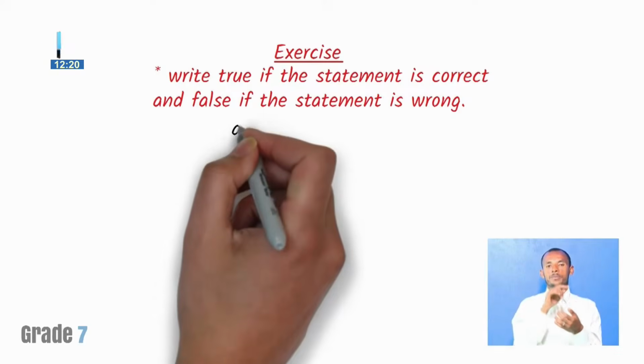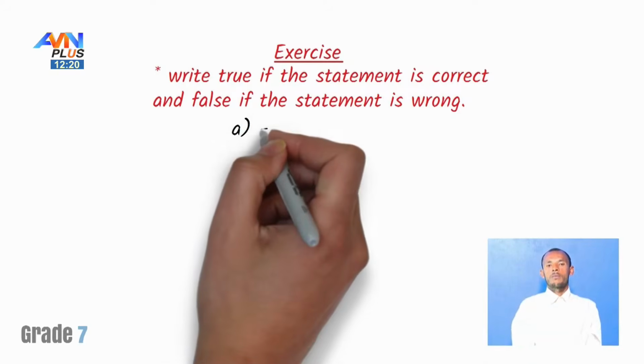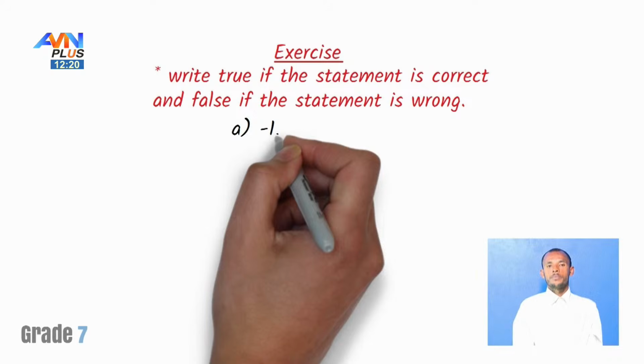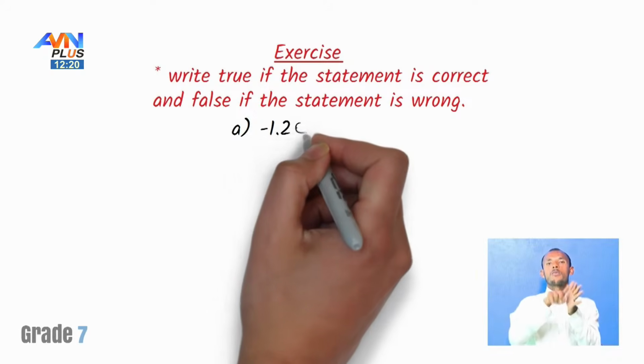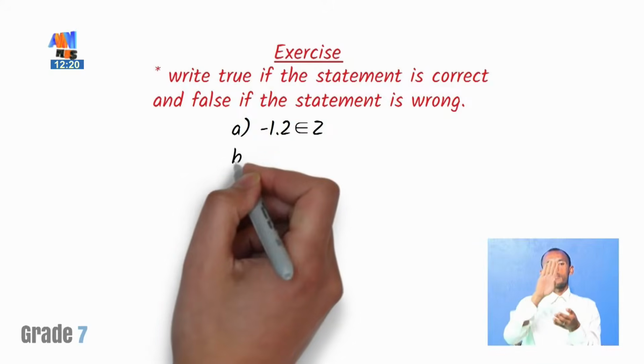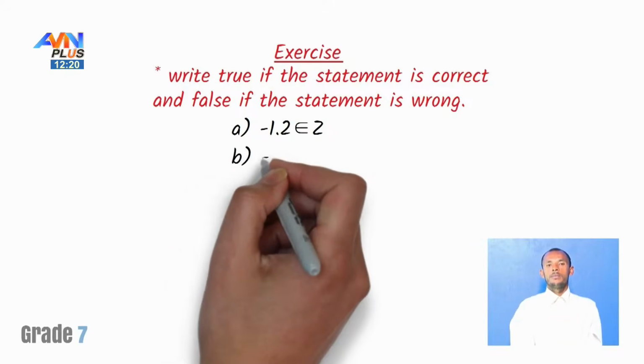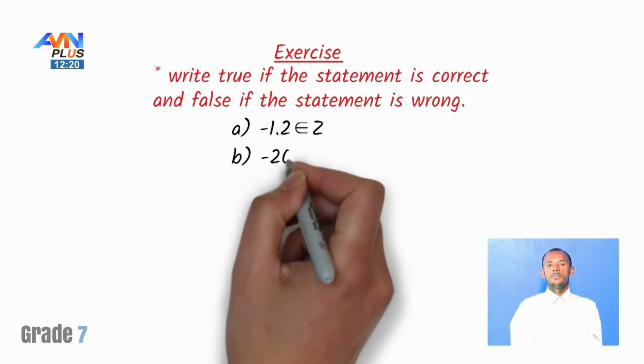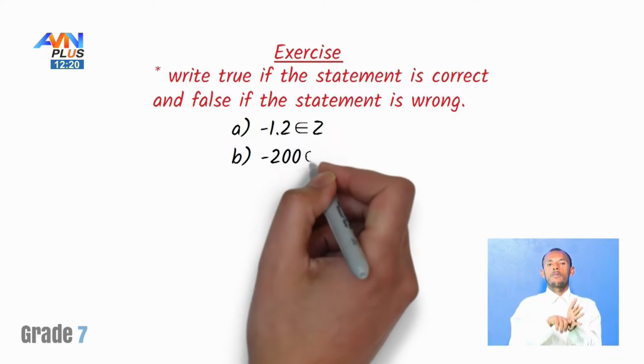Okay. A, negative 1.2 is an element of Z. B, negative 200 is an element of integer.